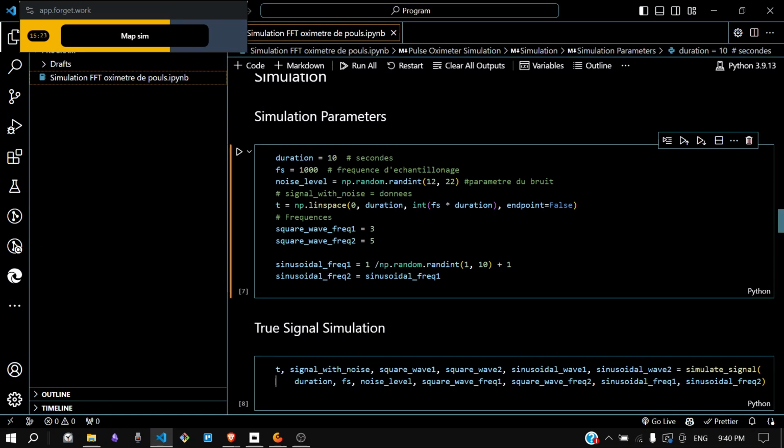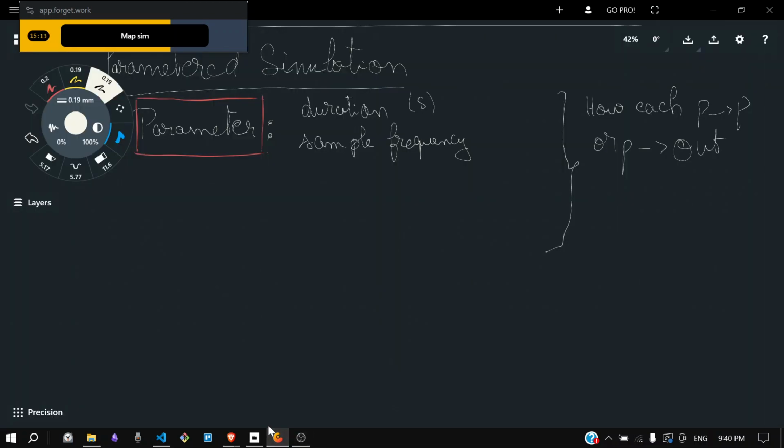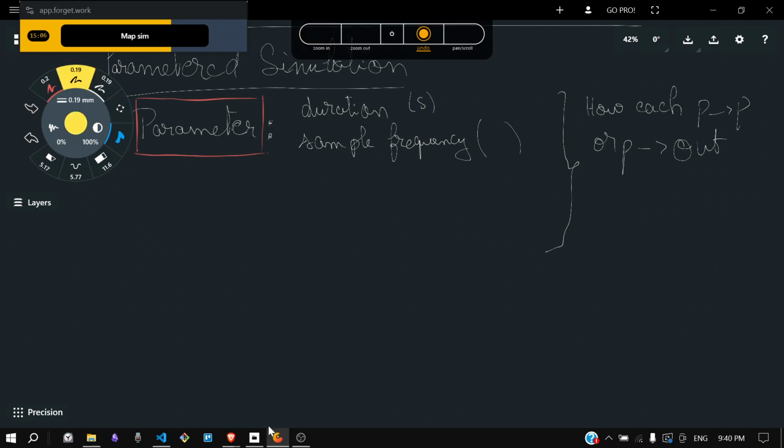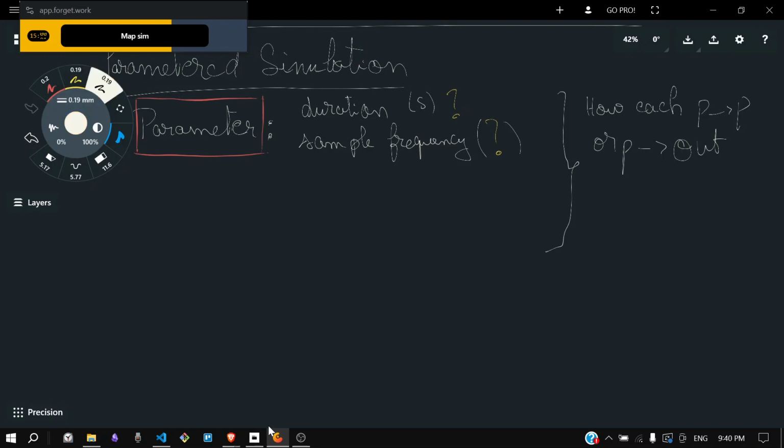Now it affects a lot. So we have noise level, we have T, which I don't know what T is, but it's supposed to represent time. So this is a, I don't know. So instead of this, I'm going to put in yellow because that's important. I don't know. I also don't know what this does.